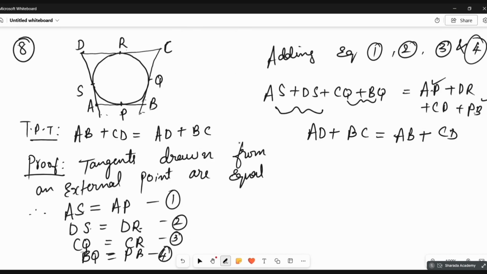That's it. That is the proof. Many times, if they give a new question, they will use this theorem only, that tangents drawn from an external point are equal. Many times in the exam a new question comes from this theorem.